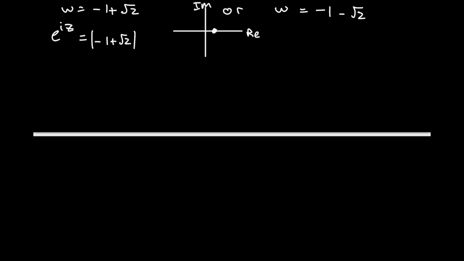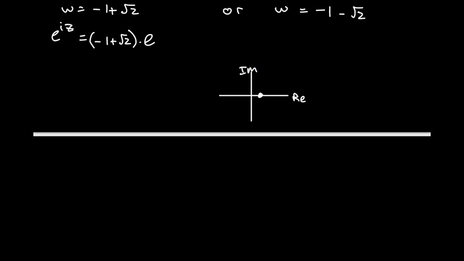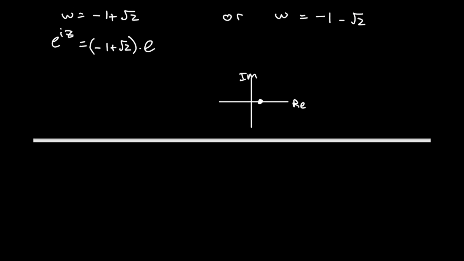It's already positive, so taking the absolute value doesn't make a difference, times e raised to the argument. The argument is simply 0 because this lies on the real axis. If it was elsewhere, then that angle would be the argument, but it's not. It lies on the x-axis, so the angle is 0.